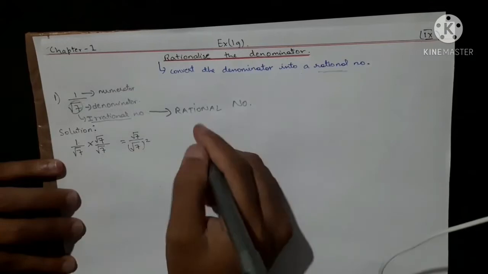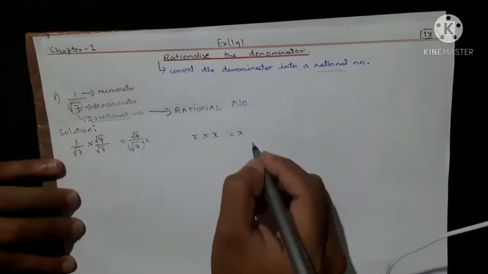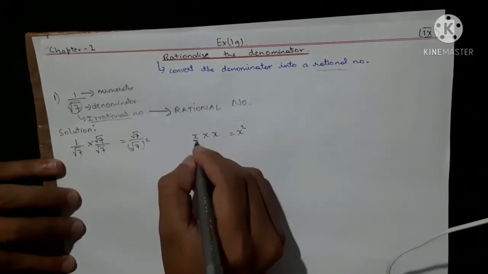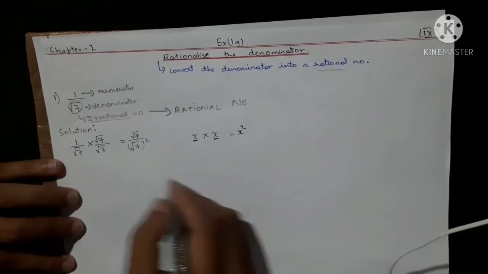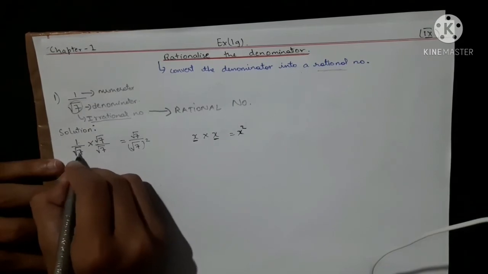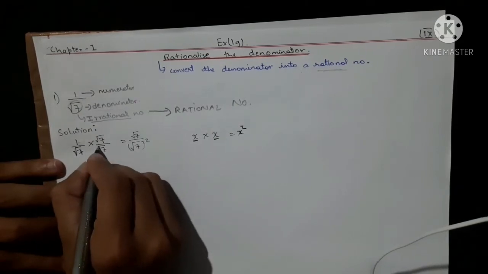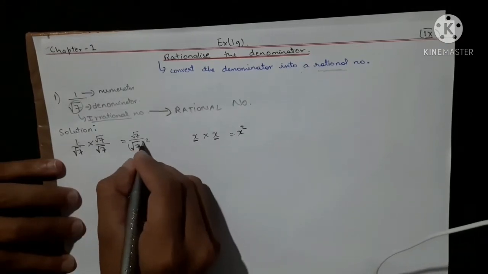Because suppose if we have x multiply x, this is equal to x square, isn't it? Because they are the same number and we multiply the same number, so it becomes x square. So here also it is the same number, square root 7 multiply square root 7. So we got square root 7 whole thing square.